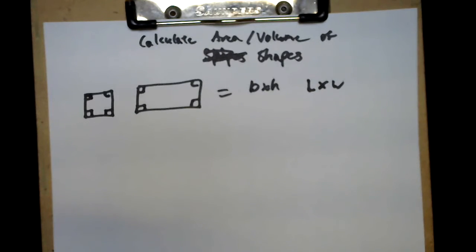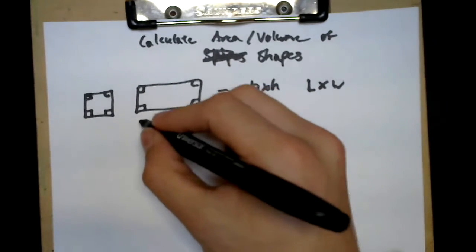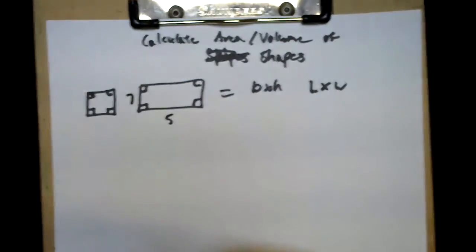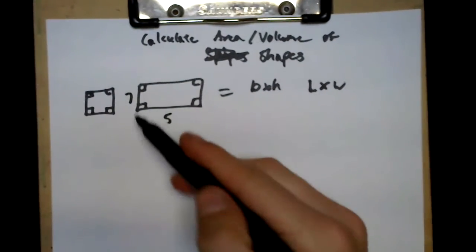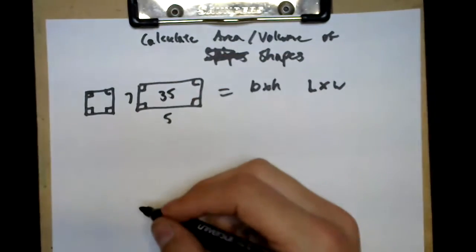So we'll give it a practice problem. Given that, what's the area of a rectangle that is 5 by 7? Well, 7 by 5 is 35.